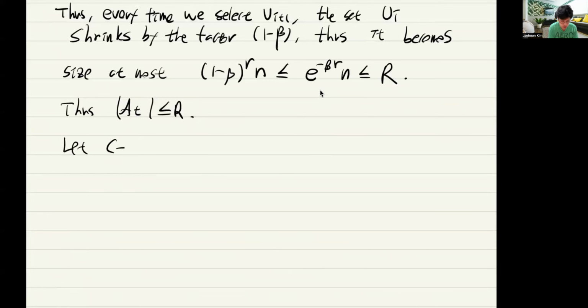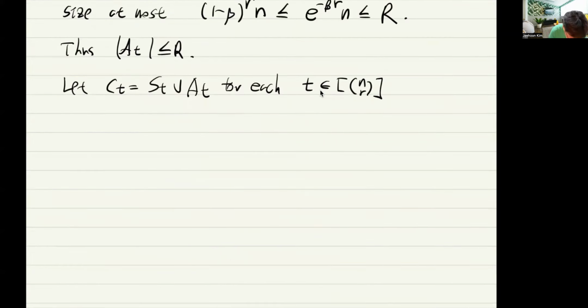So let C of t be st linear with AT for each of this t. And for each independent set, if it assigns M of R, then it must belong to one of Xi.